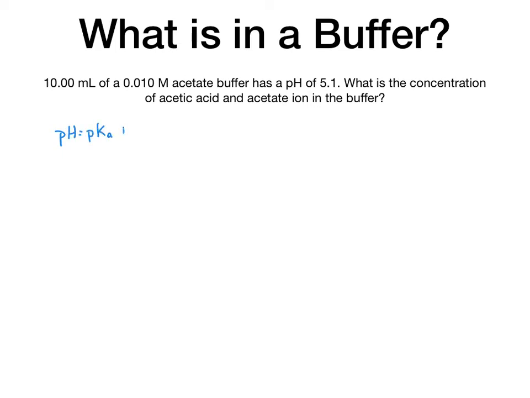So the pH equals the pKa plus the log of the acetate concentration divided by the acetic acid concentration. And I know that the pKa of acetic acid is 4.7.